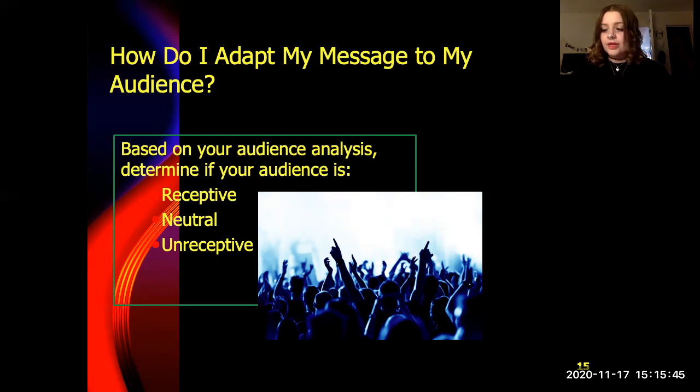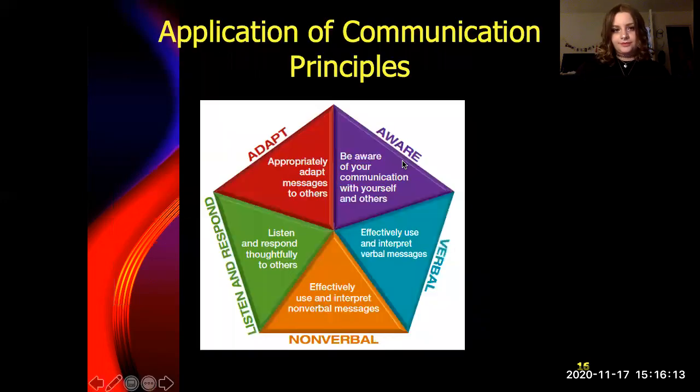For example, you wouldn't talk about Texas State parking to UT, because they're going to wonder what they have to do with this. They'll be unreceptive to neutral at best, versus Texas State students, who will be receptive to neutral at best. So it's about understanding your audience and how you can alter your message.